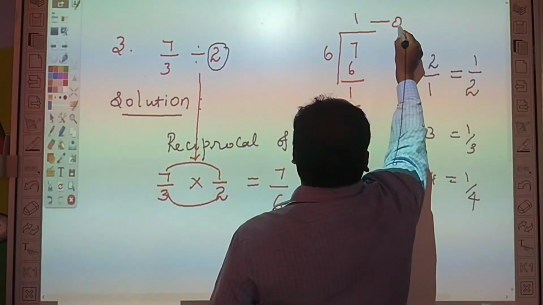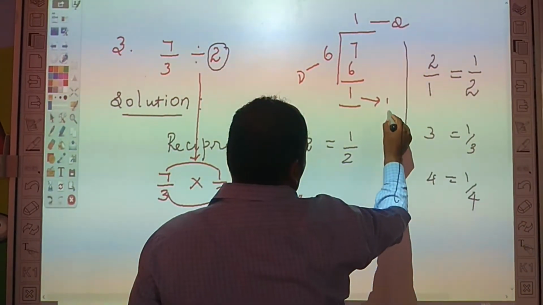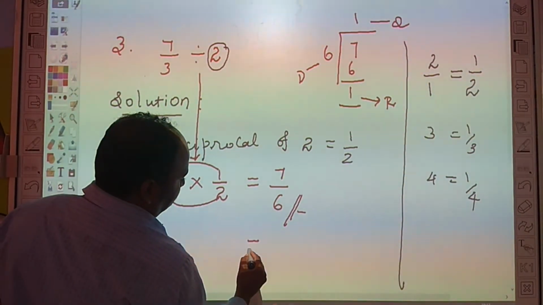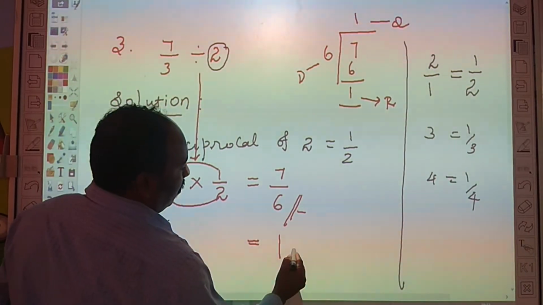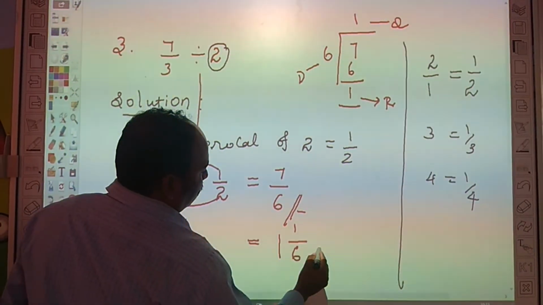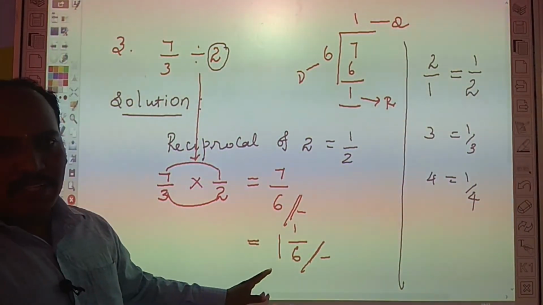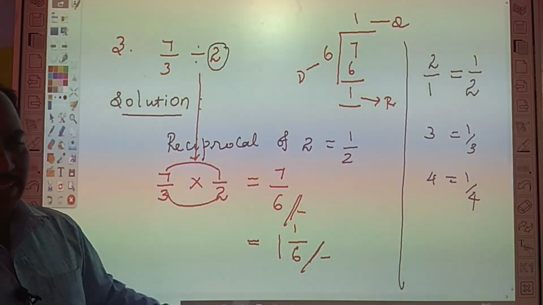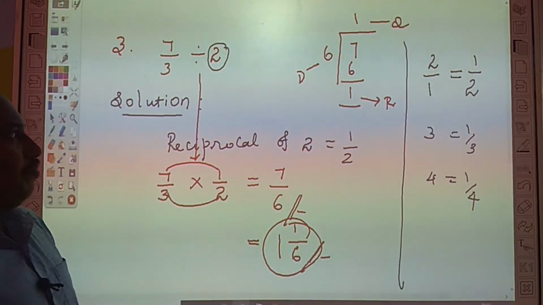Q is 1, the remainder is 1, the divisor is 6. So our answer is 7 by 6 or 1 into 1 by 6. It is the lowest form. That means mixed fraction.